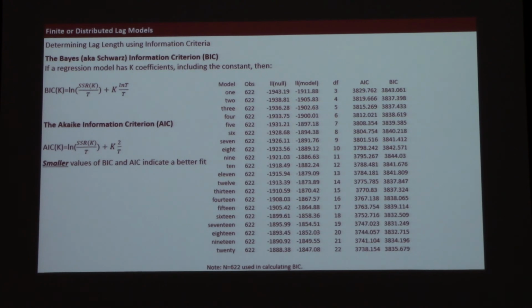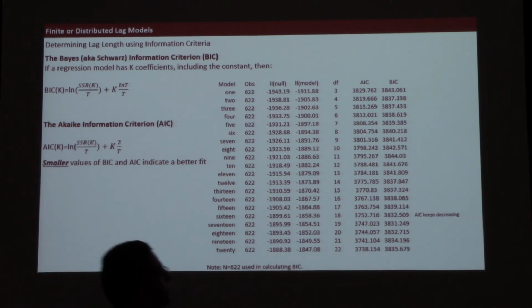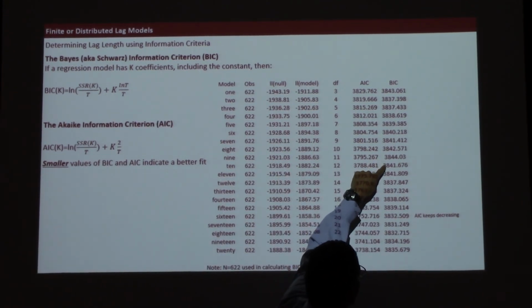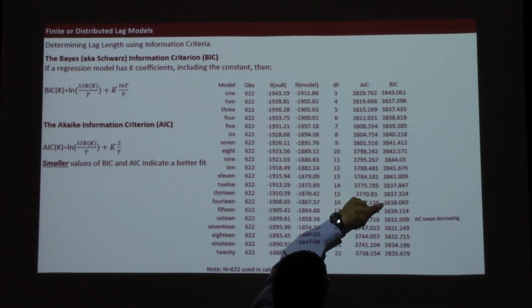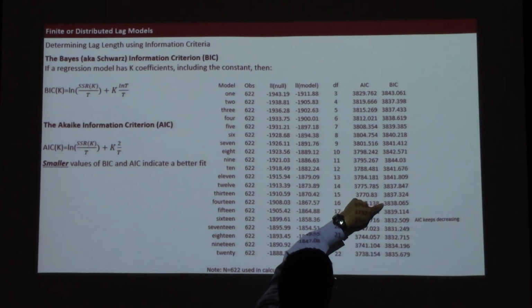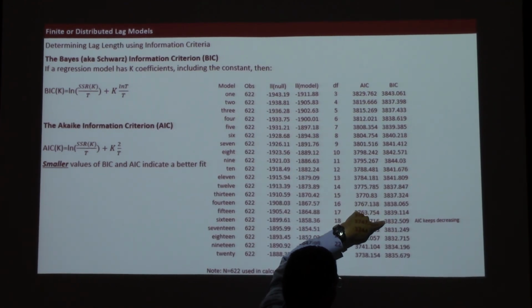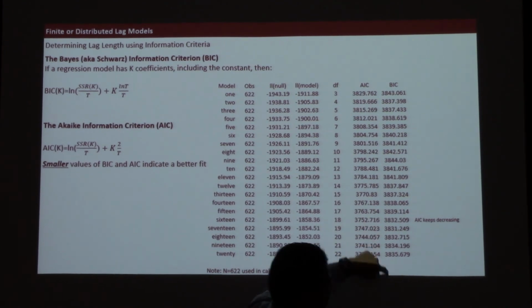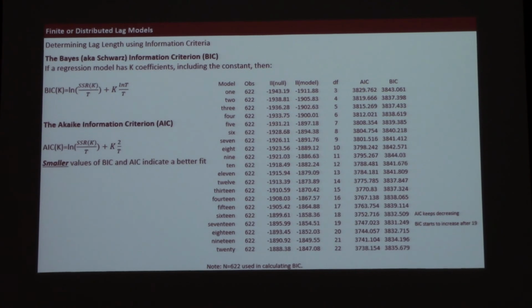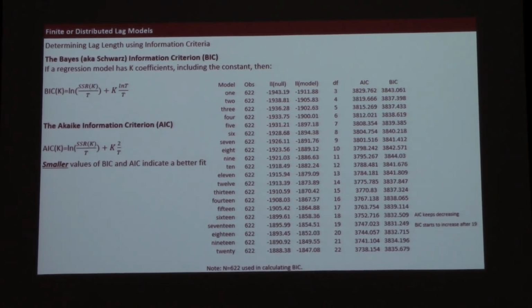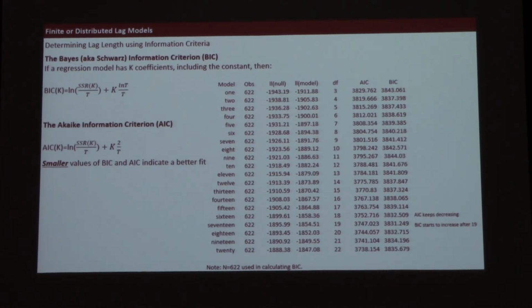All right, and I'll show you how to do this. Then we look for the smallest one. You can see how 38, 44, 41, 37, 38, 37, 38, 39. AIC it's decreasing here again. So it keeps decreasing. BIC, the Bayesian information criteria, starts to increase after about the 19th lag.